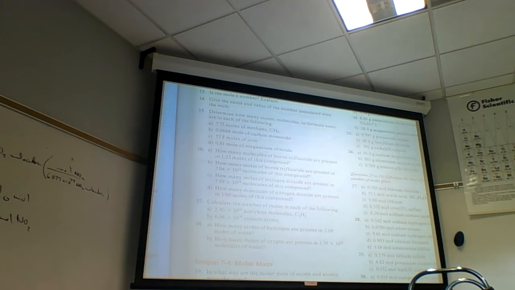How many molecules of nitrogen dioxide are present in 1.60 moles of this compound? If we have 1.60 moles of NO2, then there's 6.022 times 10 to the 23rd NO2 molecules per mole.